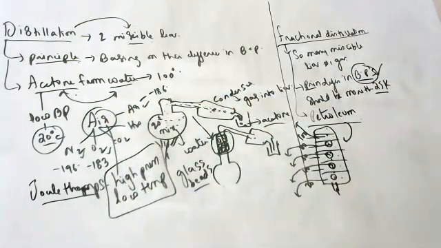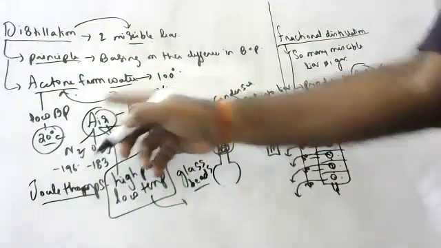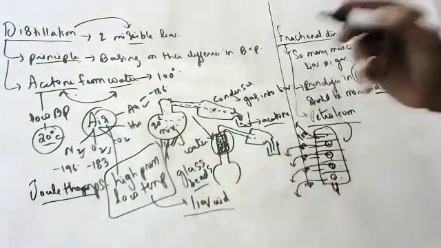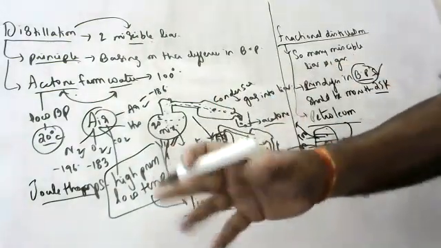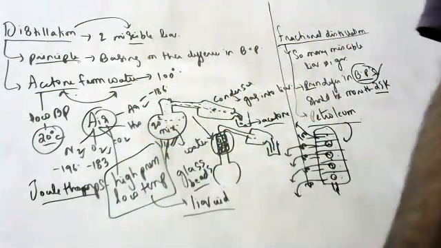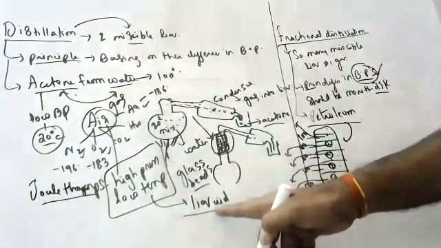Can anyone say why air is subjected to high pressure and low temperature? So that air becomes liquid. Children, if you take air and subject it to very high pressure and low temperature, all the air which is in gaseous form becomes liquid.